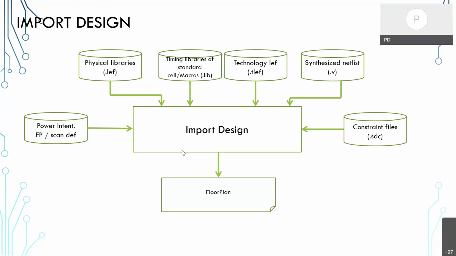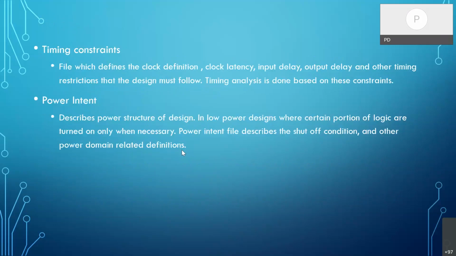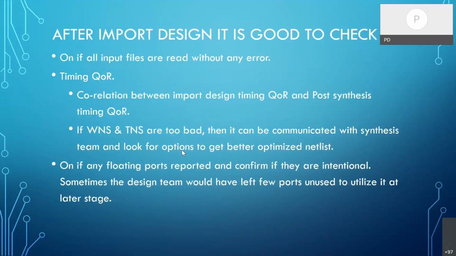So these are all the same things we have seen till now. Here is where the actual work starts. Once we import the design, what are all the things we need to check?